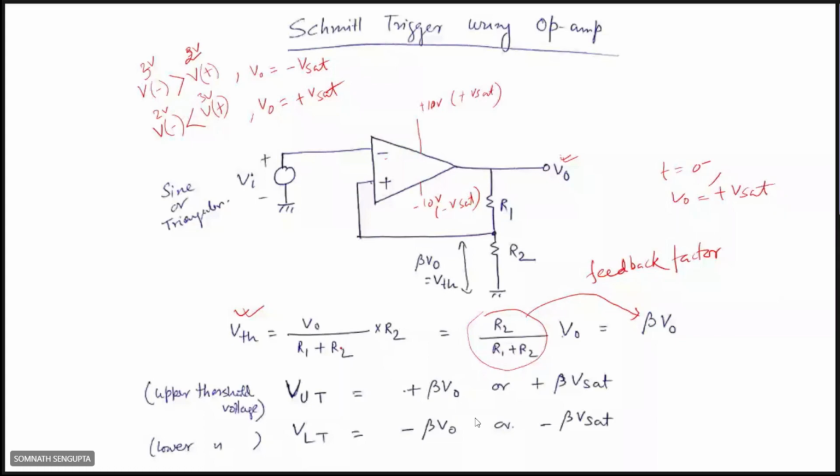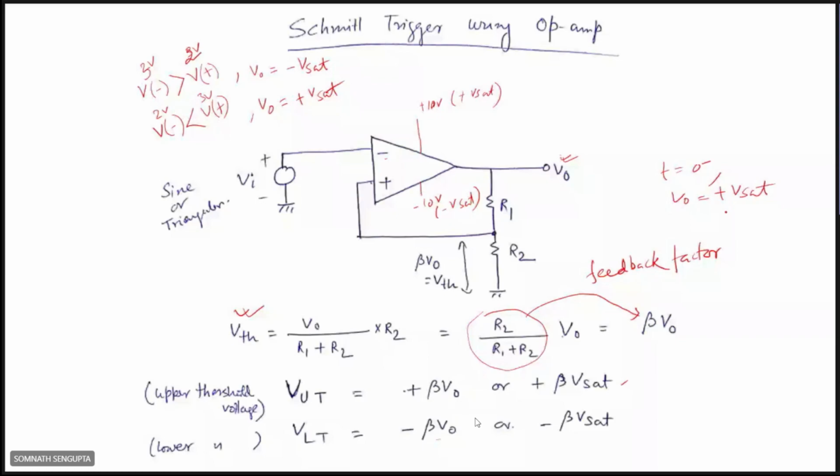So we get this voltage at this point, that is plus beta Vsat, which is the feedback voltage. This voltage is called the upper threshold voltage, and when V naught is minus Vsat, we get minus beta Vsat. So first we assume the output is staying at plus Vsat.